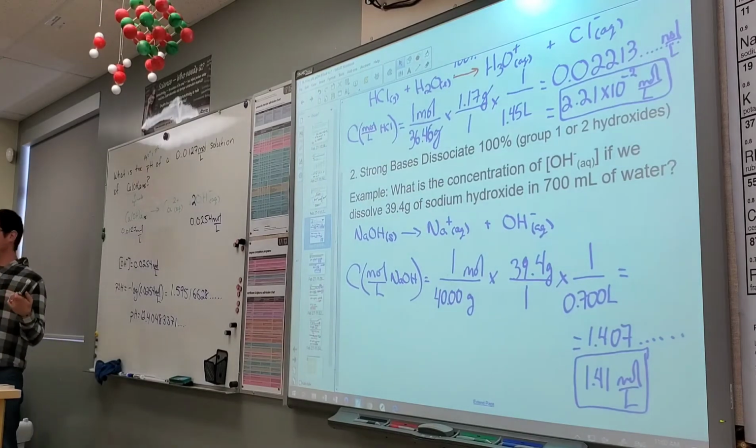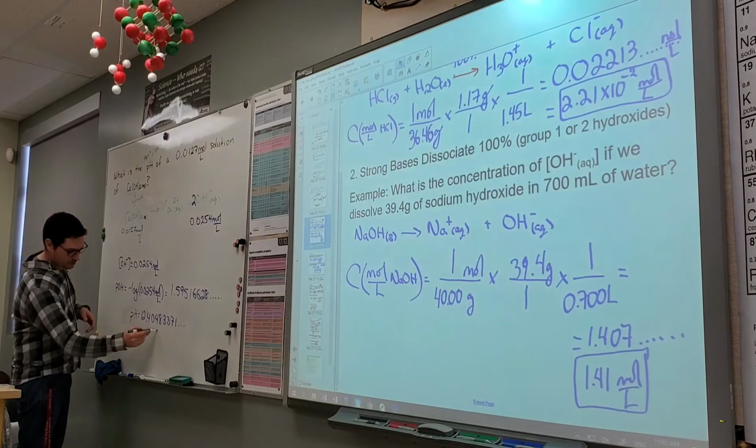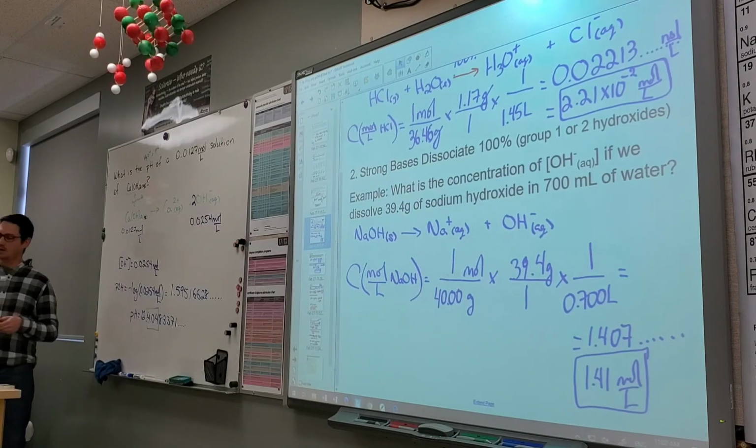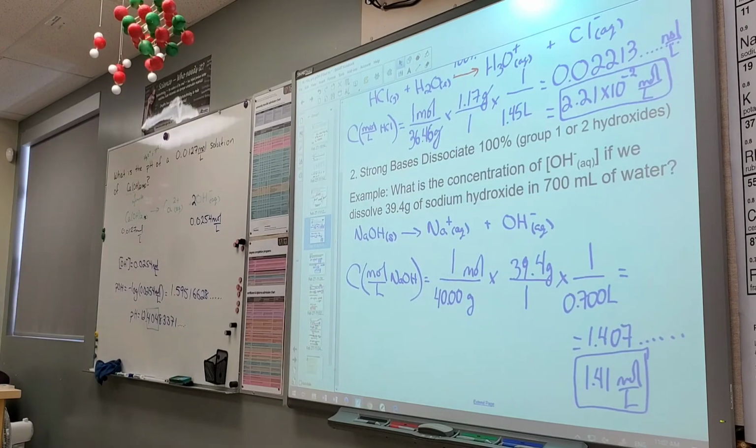I'm going to circle the first 3 significant digits that I see in this number, okay? You ready? I circled the first 3 significant digits that I saw in that number.